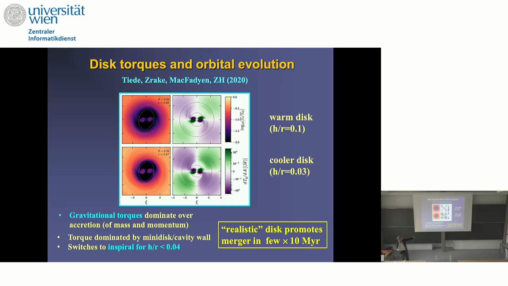Dark green means it's pulling the black hole forward very strongly. Light green means it's pulling forward less strongly. This is a torque surface density, so torque per unit disk surface area. Purple is the opposite: it pulls back on the black hole and is trying to remove its angular momentum and make it inspiral. Green is trying to make the binary outspiral. Purple is trying to make it inspiral.